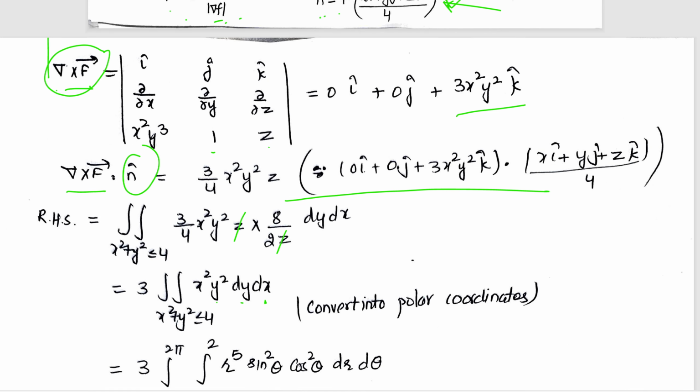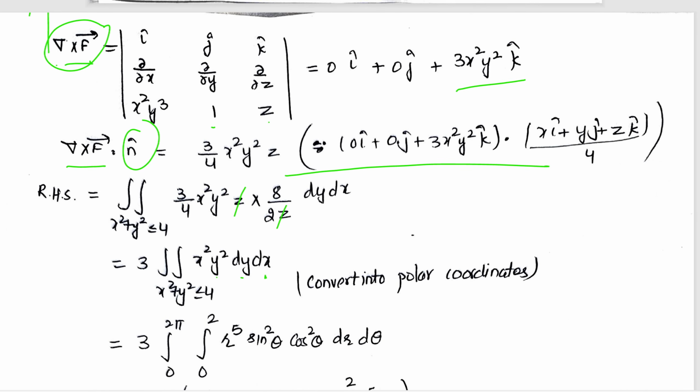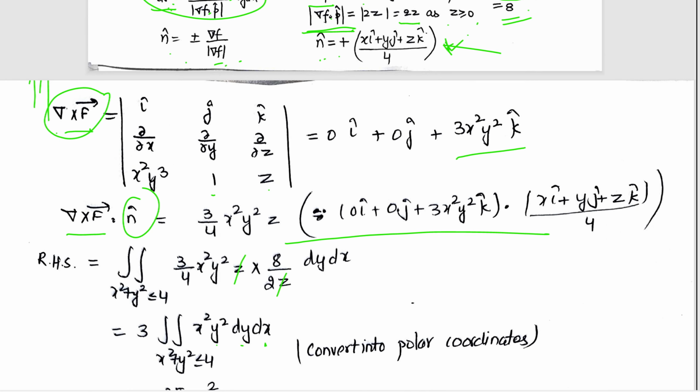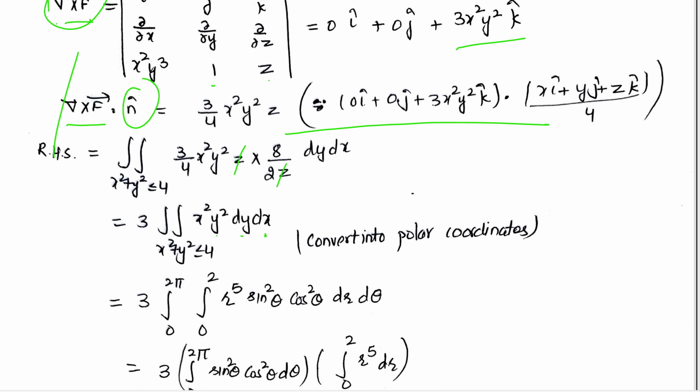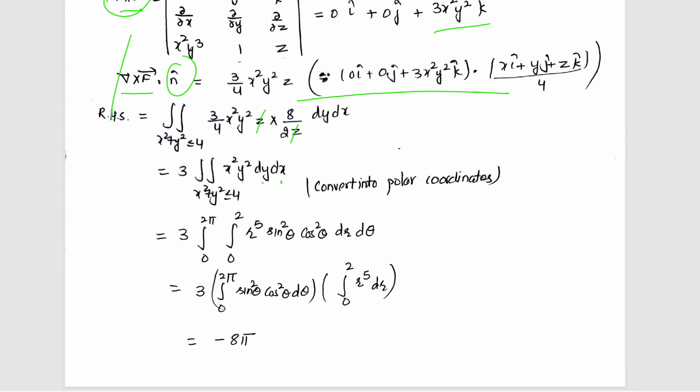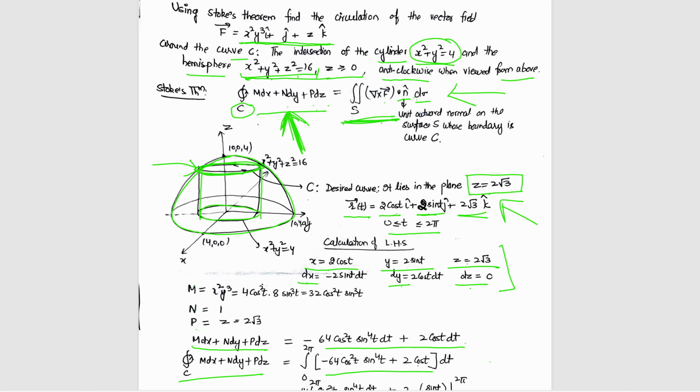It will be easier if you use polar coordinates, and in this case we find it using polar coordinates, and the answer turns out to be equal to minus 8π, which is the same as the value we calculated using the first formula.